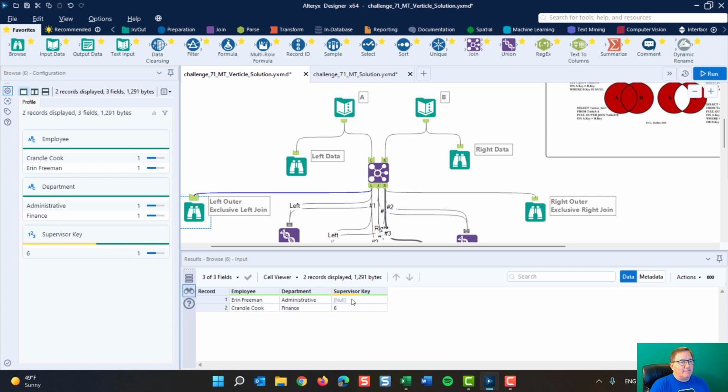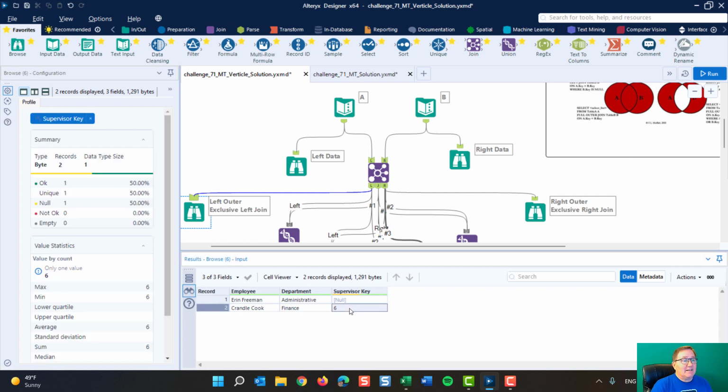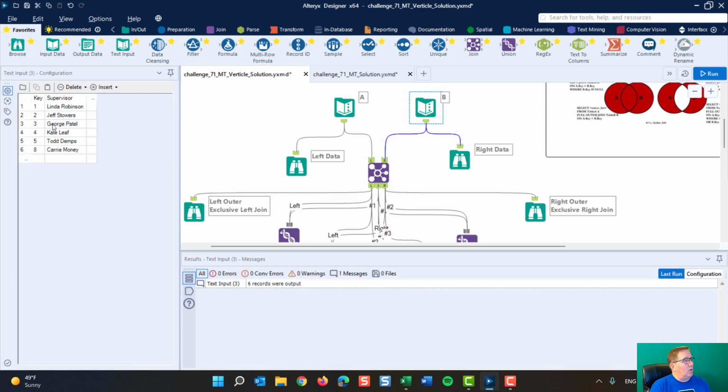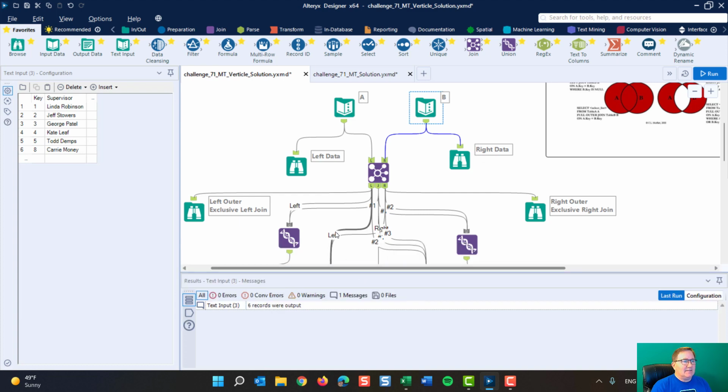So we've got a null value that doesn't exist, and we've got a Crandall Cook from finance, and his supervisor key of 6 apparently doesn't exist. And when we go and look at that, you know what? You're right. We've got a 1, 2, 3, 4, 5, and 8. And number 6, supervisor key, doesn't exist.